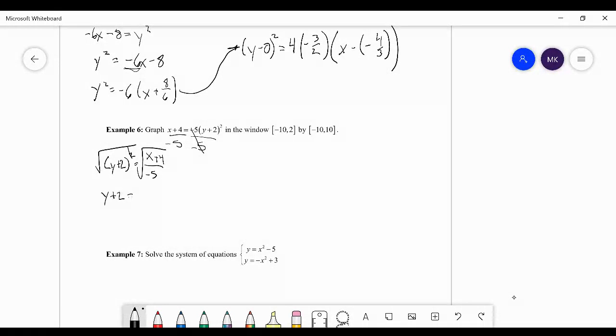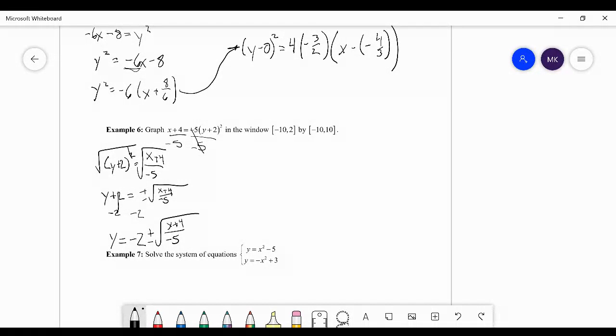Y plus 2 equals plus or minus the square root of x plus 4 over negative 5. Subtract 2. Y equals negative 2 plus or minus square root of x plus 4 over negative 5. And then this is just going to be two equations. Our y1 would be negative 2 plus the square root, and our second equation would be negative 2 minus the square root. And so you just plug those in.